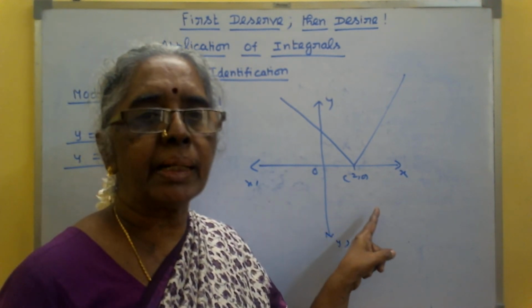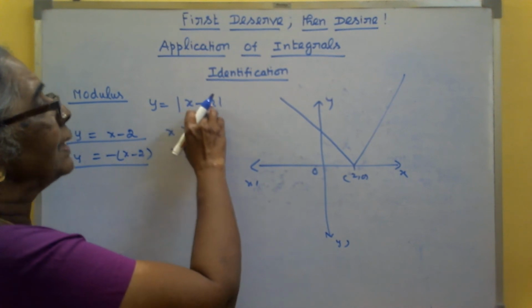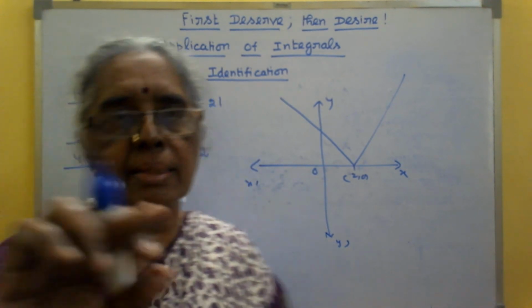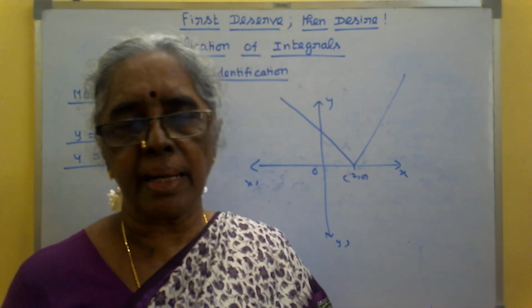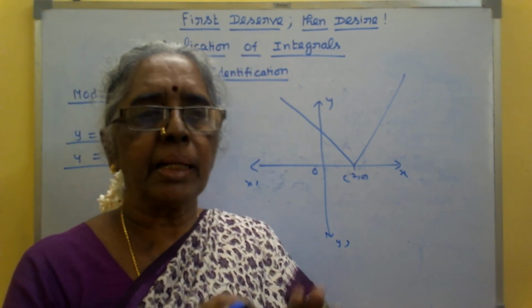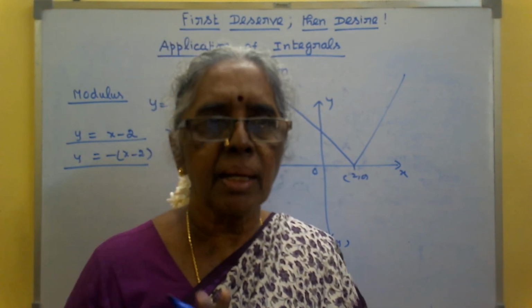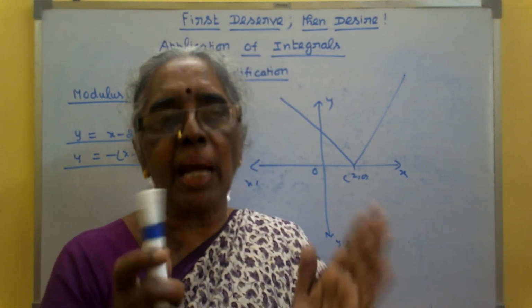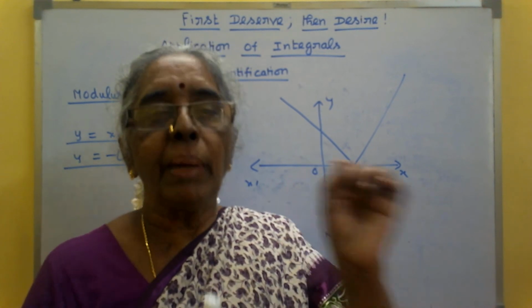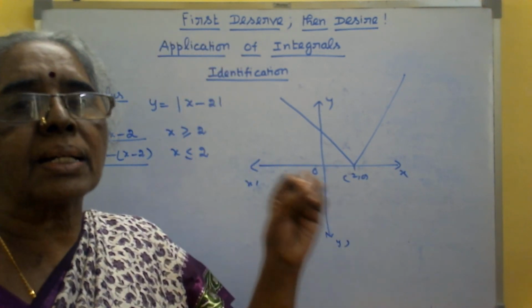Suppose you get x plus 3 here, they will be meeting at x is equal to minus 3, so minus 3 comma 0. If you just get y is equal to mod x, they will meet at the point 0 comma 0. But always you will get two straight lines in a V shape, meeting at that point, whatever be your x value.